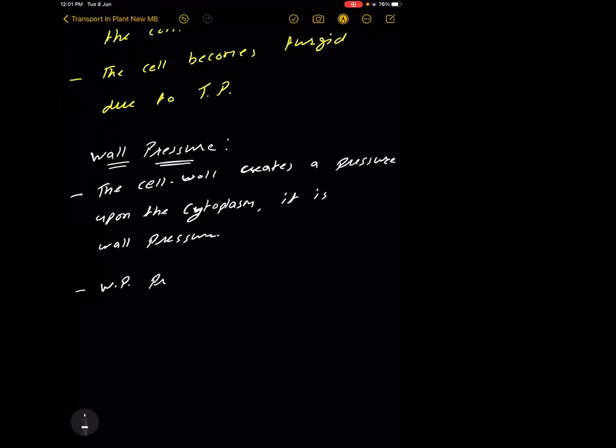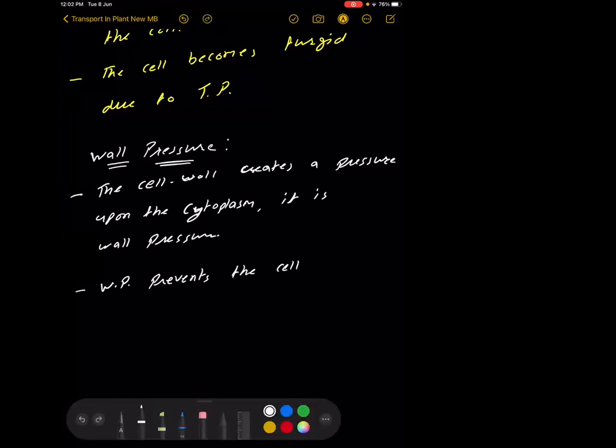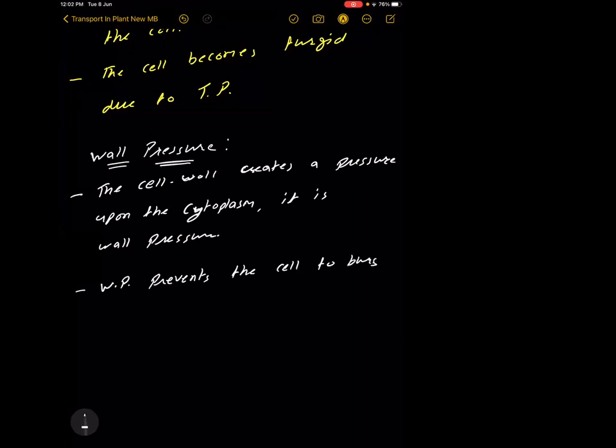Wall pressure prevents the cell from bursting by entry of water in the cell.